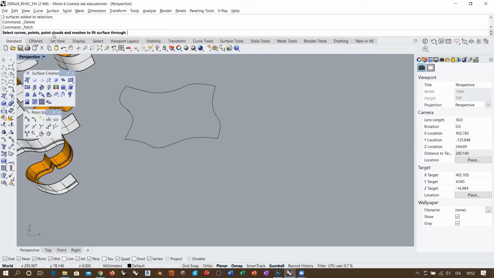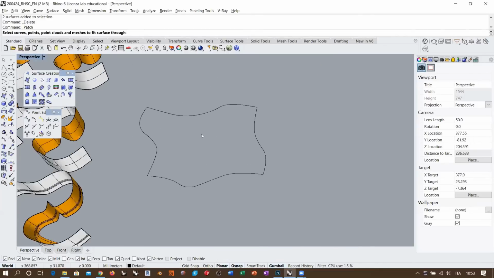These curves, points, point clouds, and meshes are only a general orientation for the patch to work, but they are not the real input geometry. The real input geometry that the patch will use is created by distributing points along these objects and fitting a surface through those points.